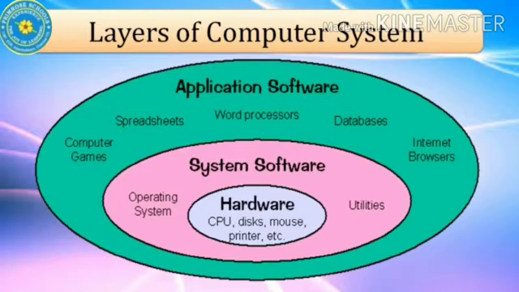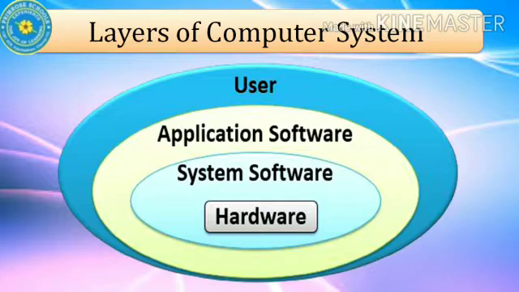So hardware includes the CPU, disk, mouse, printer, etc. System software, we all know, contains operating system and utility softwares, and the application softwares include spreadsheets, word processors, databases, browsers, computer games, etc. So the system software is the one which communicates with the hardware. If you take a look at this diagram, it clearly says that system software communicates with the hardware and application software communicates with the user.